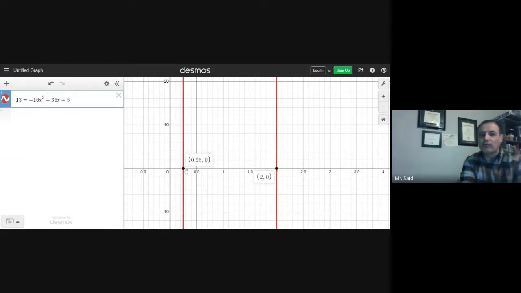All I did in the equation was put 13, because I'm asking, if 13 is y, what x's give you 13? So one x would be 0.25, but in this case, that's too fast. That's 1/4 of a second, so there's no way the ball can go that fast. The logical answer would be 2, so 2 seconds would be your answer for that one.